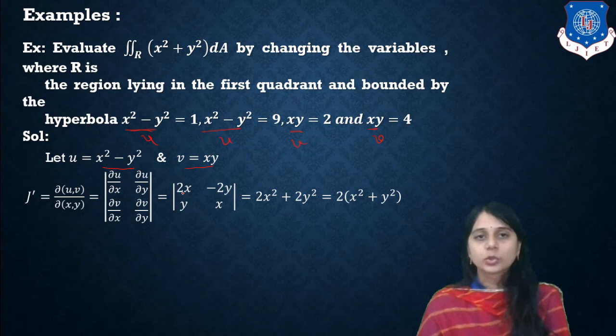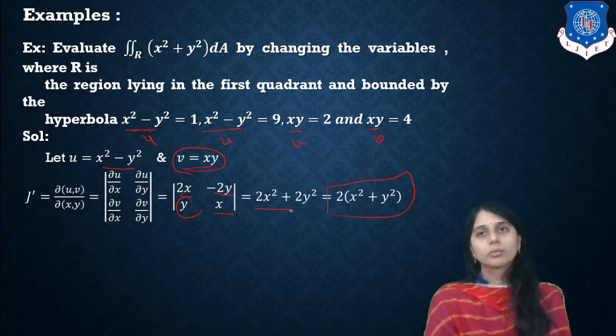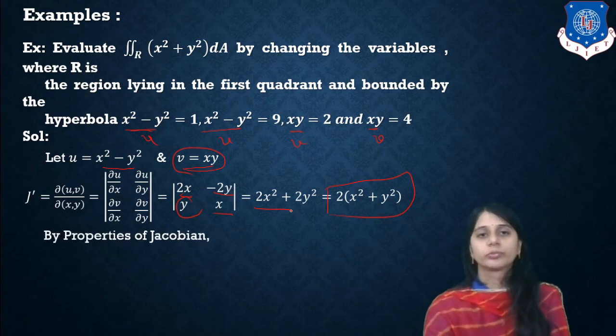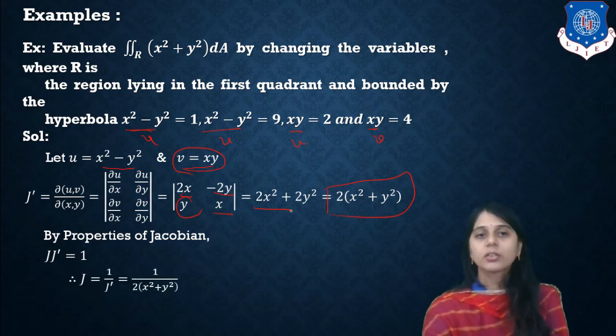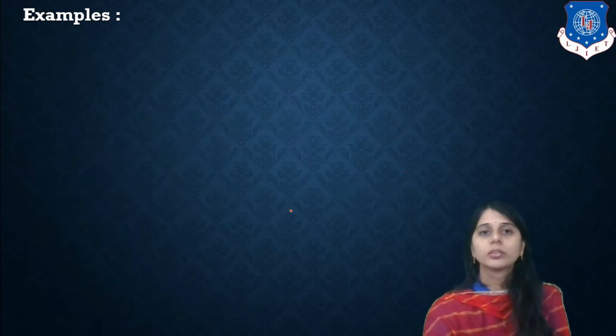What is del u by del x? It is 2x. Del u by del y is minus 2y. Del v by del x is y, and del v by del y is x. Using this, we get 2 times (x square plus y square). By the property of Jacobian, J dash equals 1, so J equals 1 upon 2(x square plus y square) du dv.